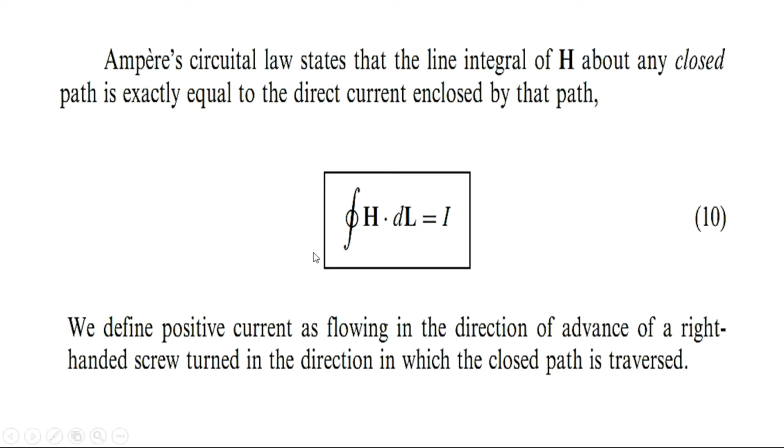We define the positive current as flowing in the direction of advance of a right-handed screw turned in the direction in which the closed path is traversed.